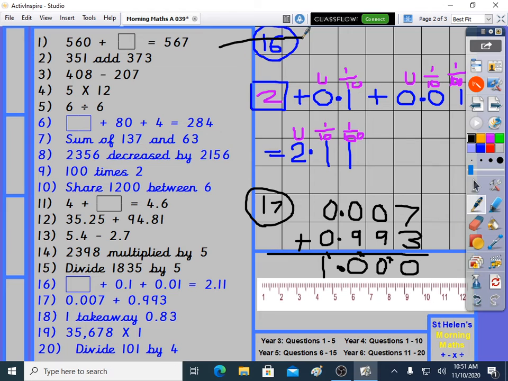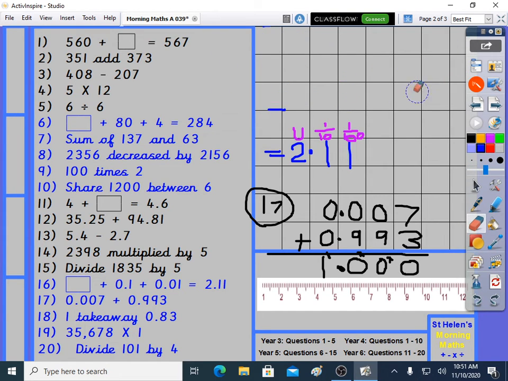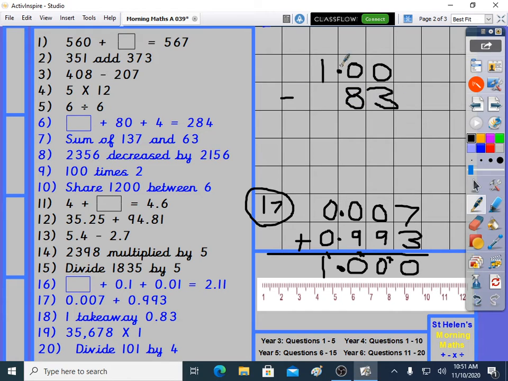Question 18 next. What's question 18? It's take away. It's 1, not L. It's 1 take away 0.83. It will only work if you make it 1.00. And 83 goes with 17 to make 100. So we've got 1 whole 1. We're taking away 0.83, which we could call 83 hundredths.